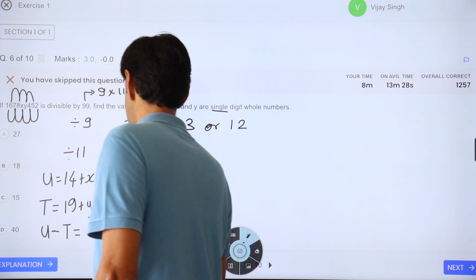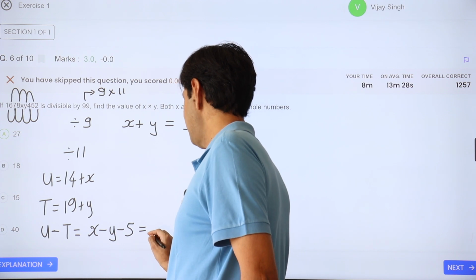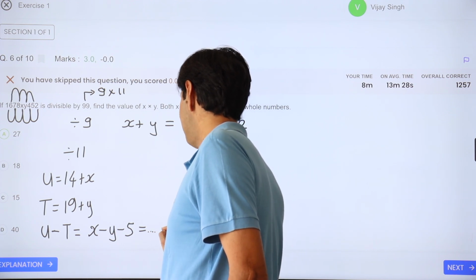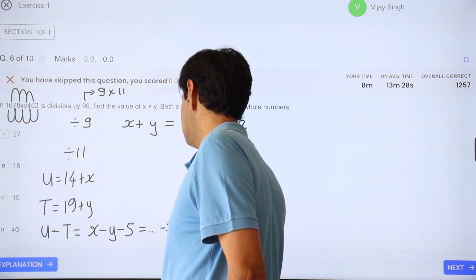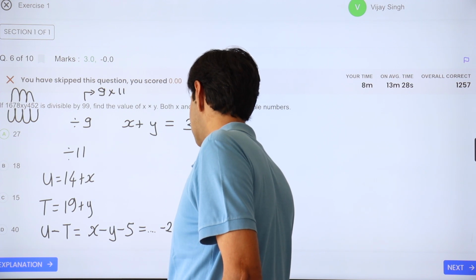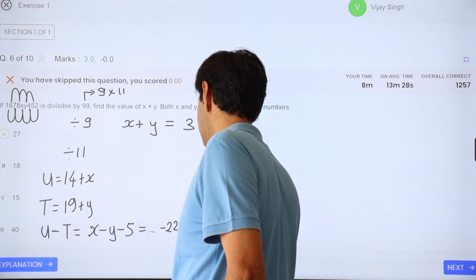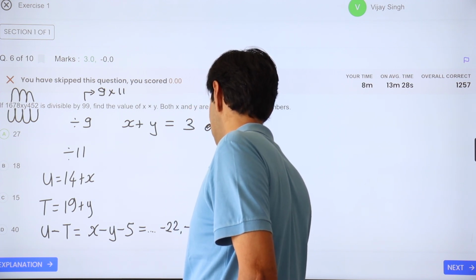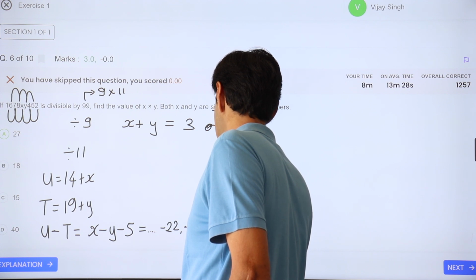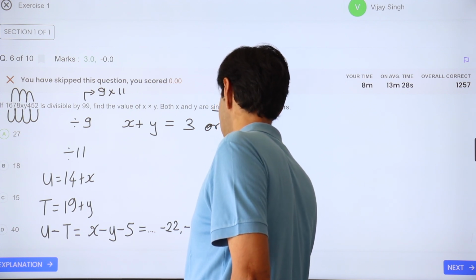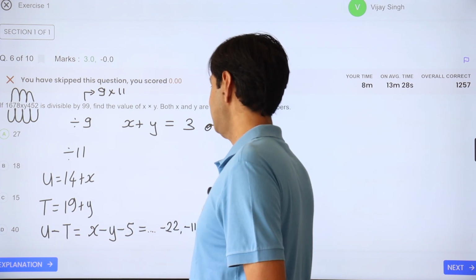So now this number could be minus 22. It could also be minus 33. Somewhere I have to start. So I'm starting with a minus 22, minus 11, 0, 11, 22 and so on. Take the 5 to this side.